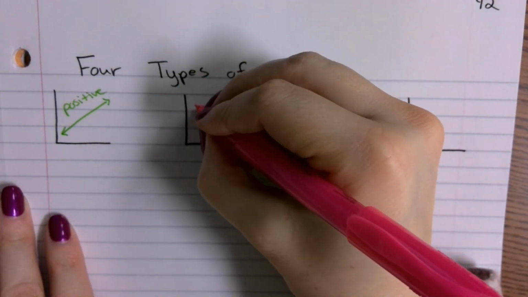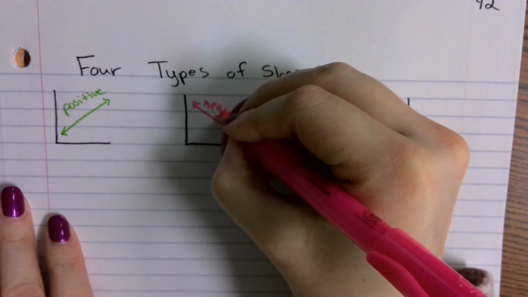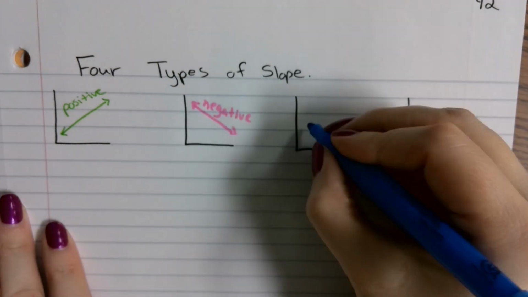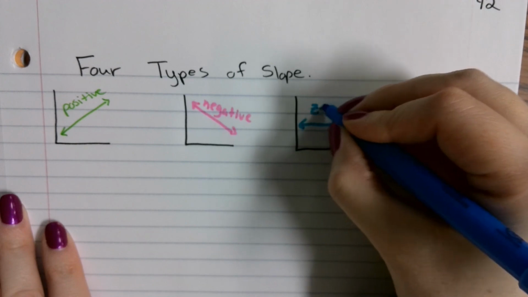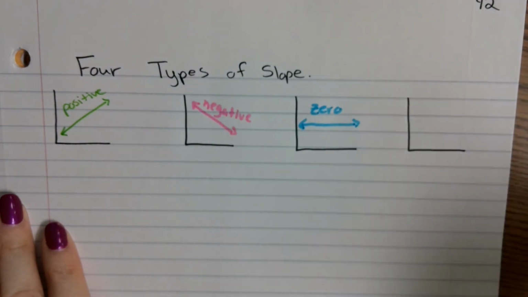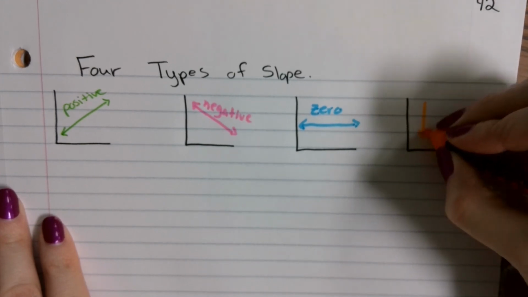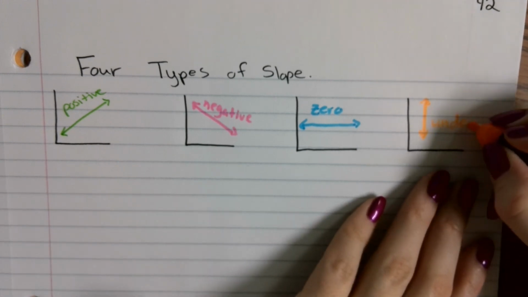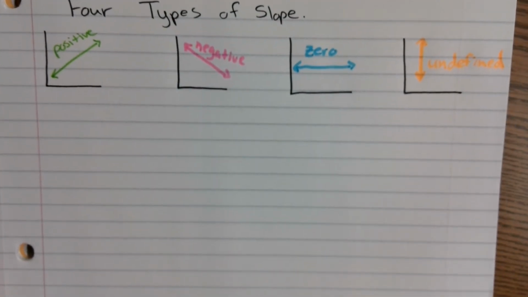When it went downward from left to right, that was our negative. When it was the horizontal flat line, that was 0 slope. And then our vertical line, worst words to say in math, undefined. Okay, so those are just again so you have a visualization of what the types of slopes are.